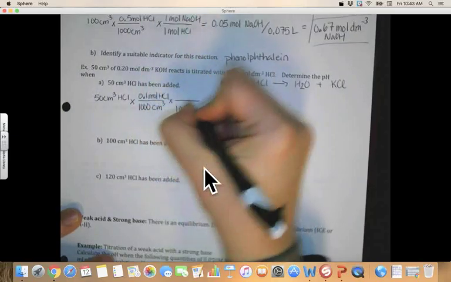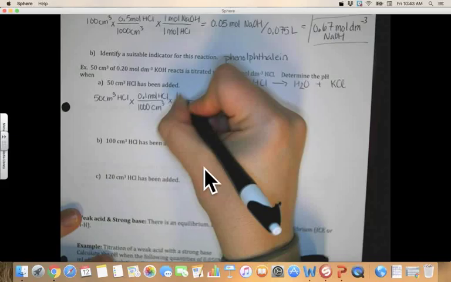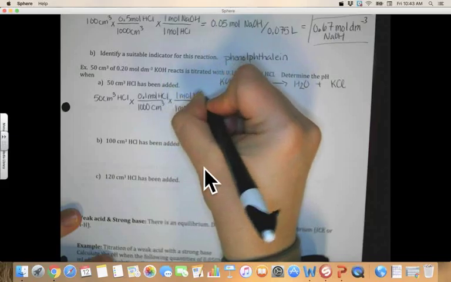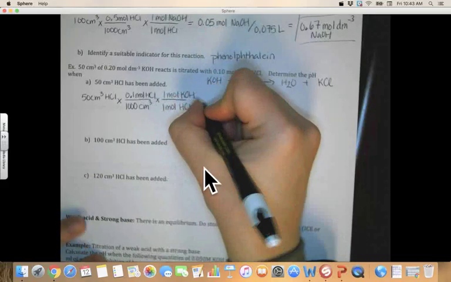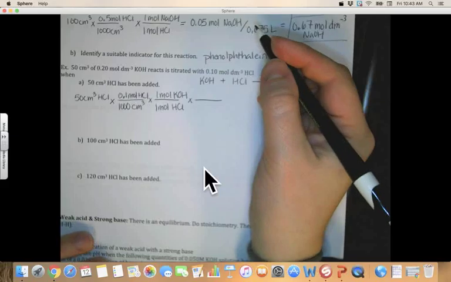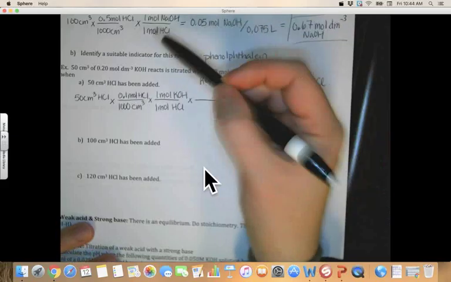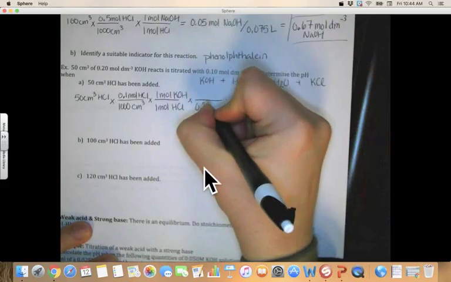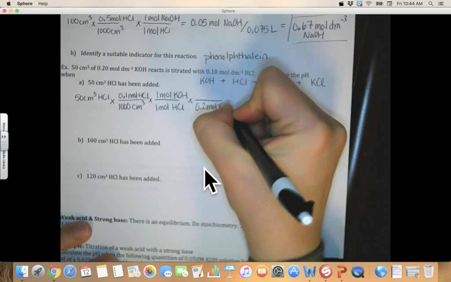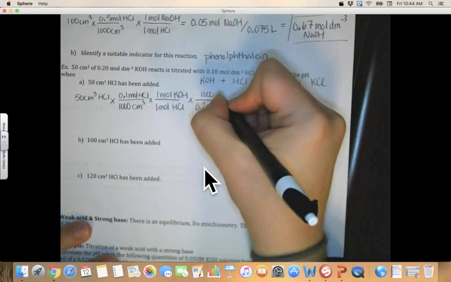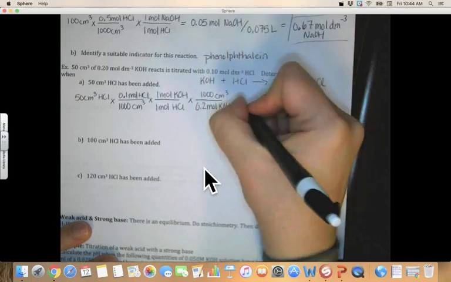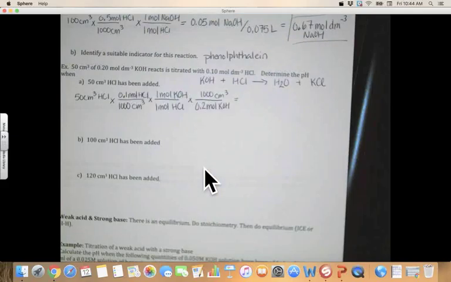Then I'm going to use my mole ratio, and I'm going to use the molarity, that there's 0.2 moles of KOH for every 1,000 cubic centimeters, or 1 liter.